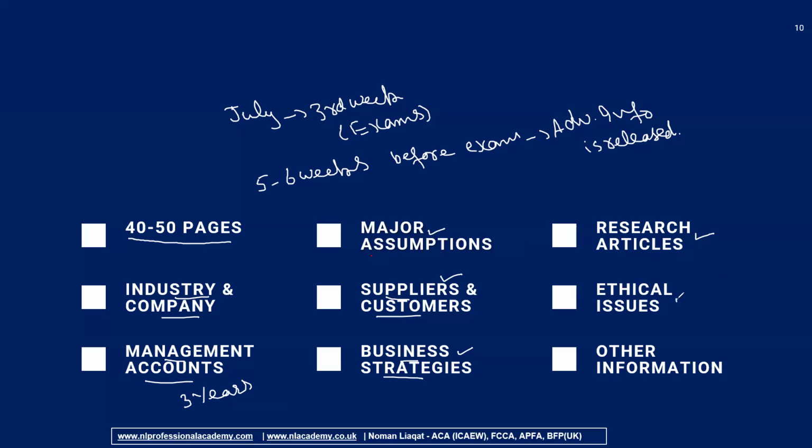Then there will be ethical issues, as I just mentioned, with respect to your suppliers, your customers, your company operations, your strategies. And last but not the least, we have some other information as well. Other information might include some other exhibits that are not part of this debate. So that is basically an overview of what will be given to you in your advanced information.